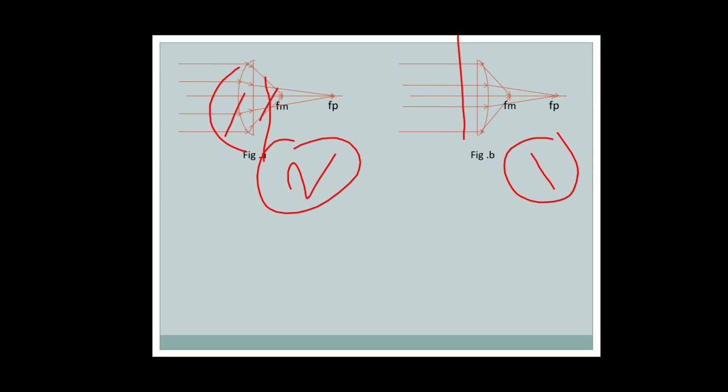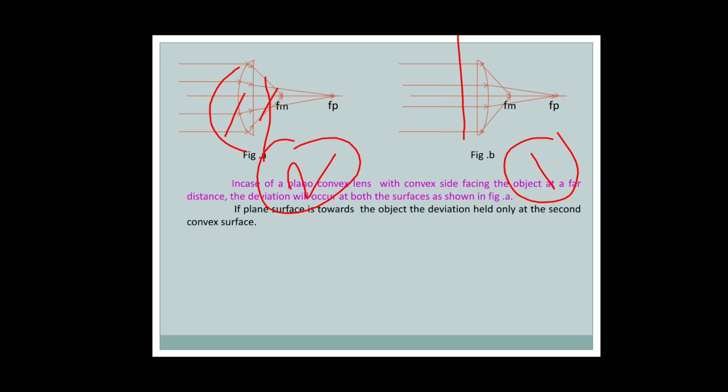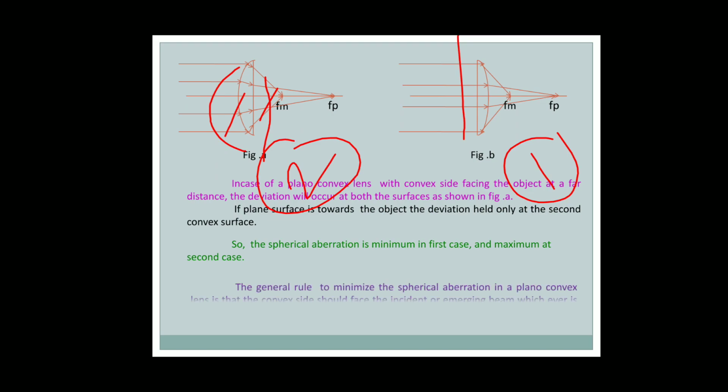In figure A, the deviations are nearly equal, so the spherical aberration is minimum. In figure B, the deviation is maximum, so the spherical aberration is also high. So the spherical aberration is minimum in the first case and maximum in the second case.